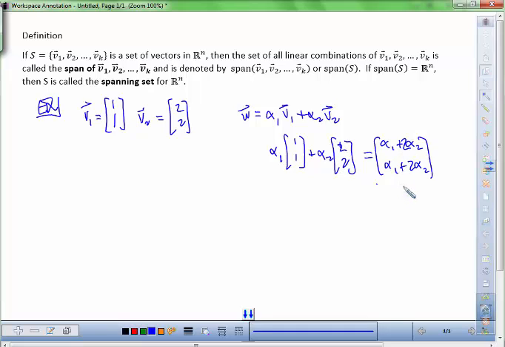The x and the y components are the same, right? So it doesn't matter what alpha 1 and alpha 2 are. The x and the y components of this vector will always be the same. So it looks like here the x component and y component are the same. So this is going to span all those vectors whose x and y components are the same.